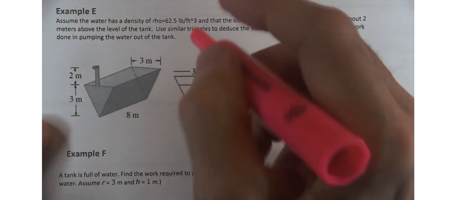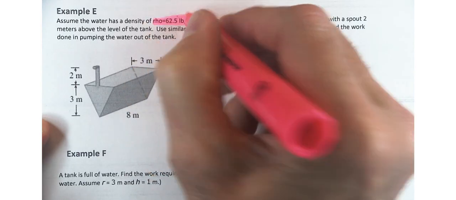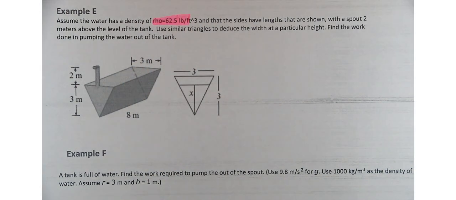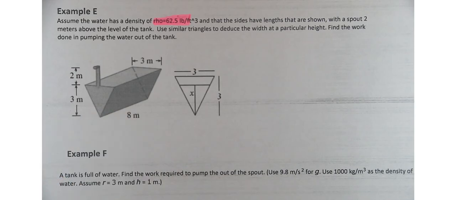It just said rho, that's your Greek letter. So we're still working with water. We're going to pump it out of a trough with a triangular cross section. So our work's going to be similar to what it was a little bit ago, but now we've got a different cross section to work with. So let's work with example E and see what can happen.